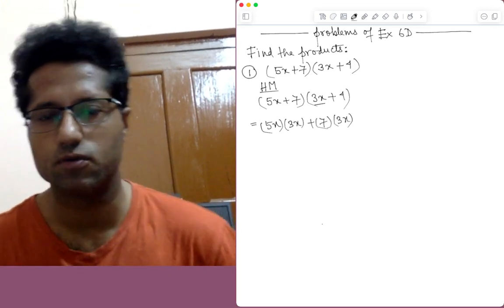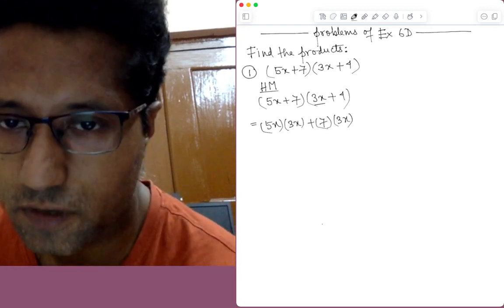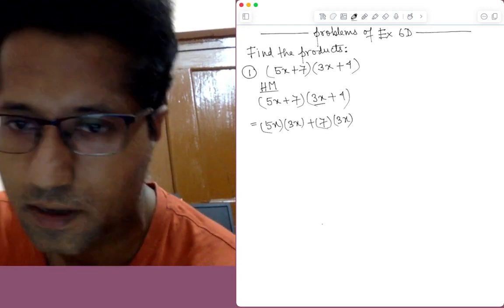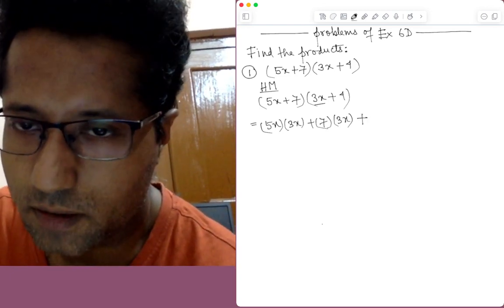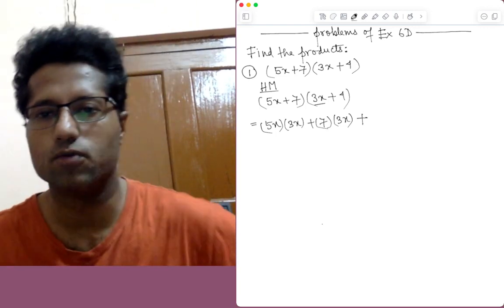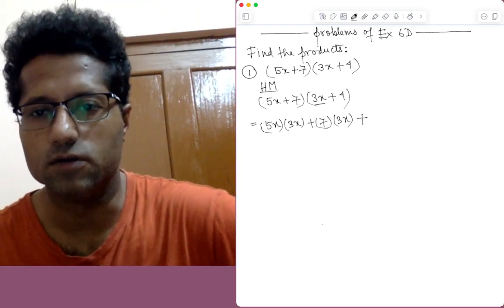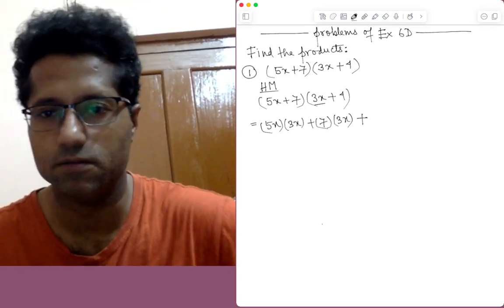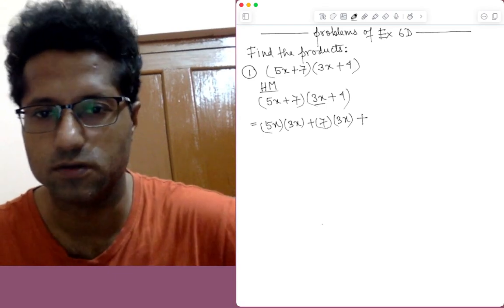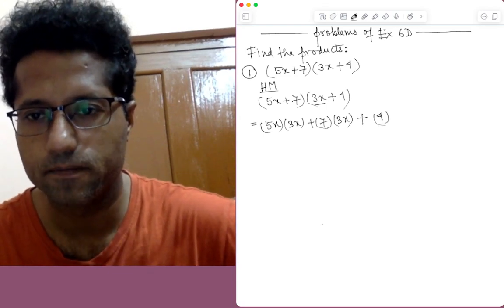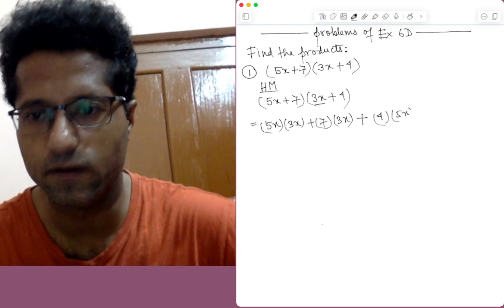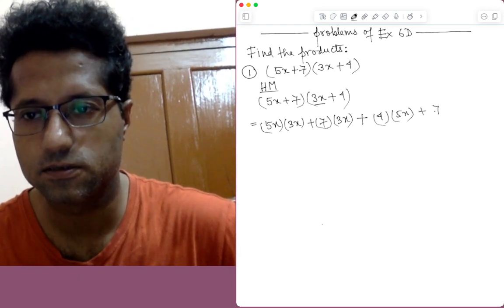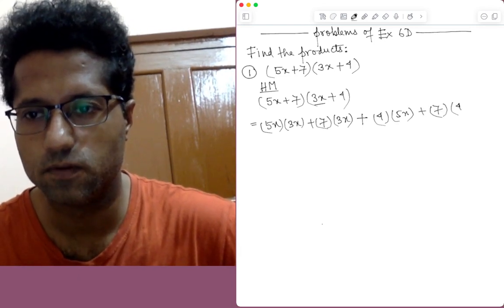So this becomes the product of 3x and the first binomial, that is 5x plus 7. Now I will compute the product of the second term of the second binomial, that is 4, with the first binomial. So that becomes 5x into 4 plus 7 into 4.